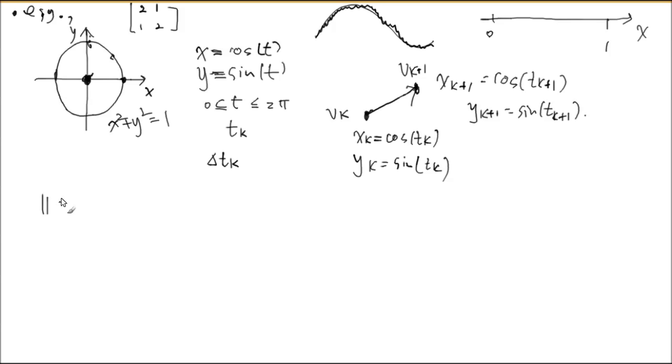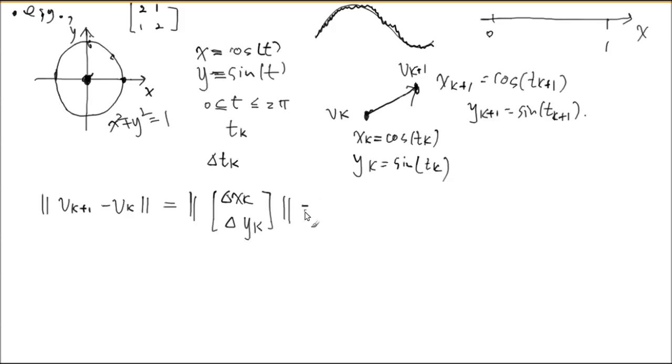What is the distance between them? It is the vector vk plus 1 minus vk that you calculated. That's the difference between these two quantities: delta xk and delta yk, a column vector. If you subtract x and x, the arithmetic has nothing to do with the inner product. Addition and subtraction are still the same.